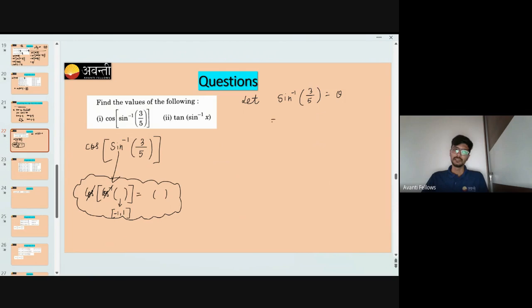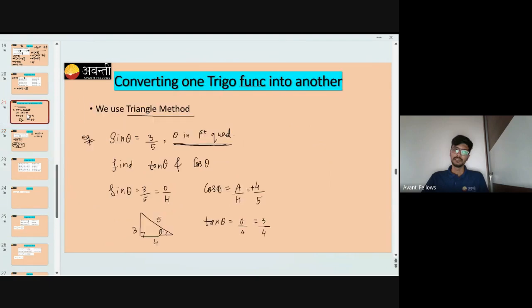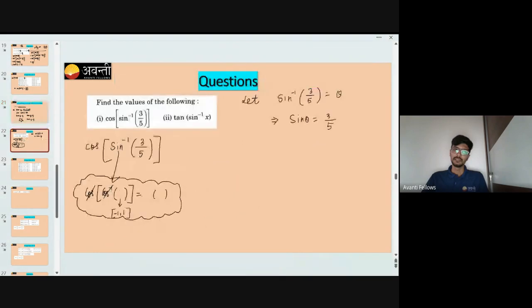Now, by the definition of inverse, I can write sine theta equals 3 by 5. And I hope you remember we just did this question here. Sine theta is 3 by 5. That's why I took this question. But let's solve it again.